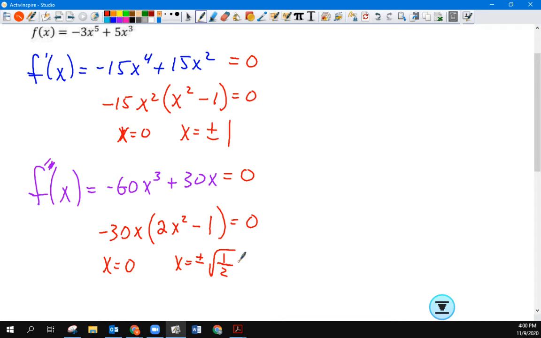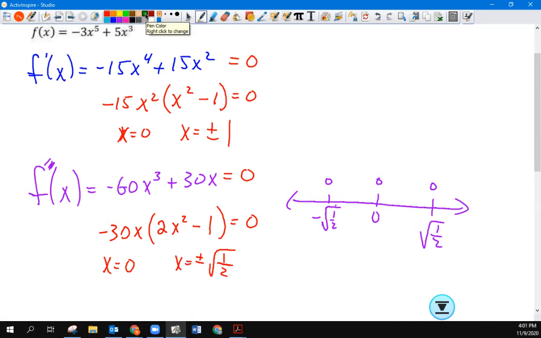Okay, so now we're going to use our second derivative to test it. Again, we're going to put 0, negative square root of 1/2, that's a 0, and positive square root of 1/2, that's a 0. So we're going to test it now.